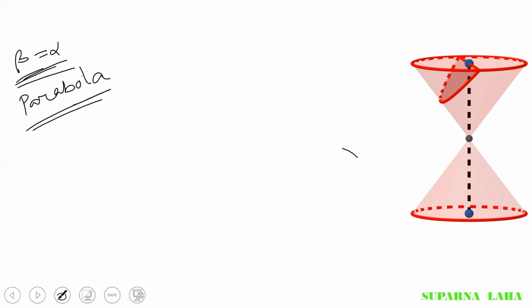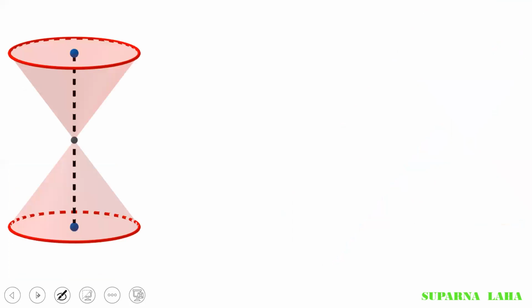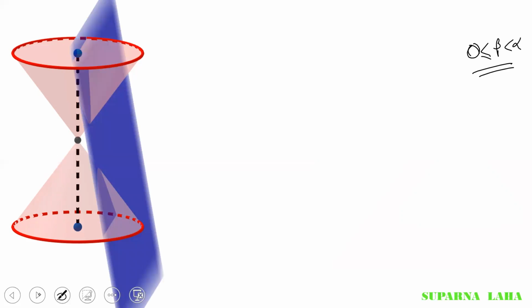And the next one is the hyperbola. If beta is less than alpha, that is, greater than 0 but less than alpha, the figure will look like that.